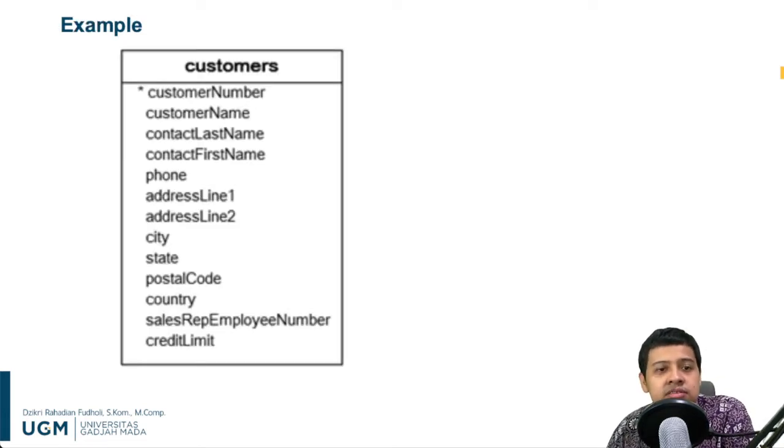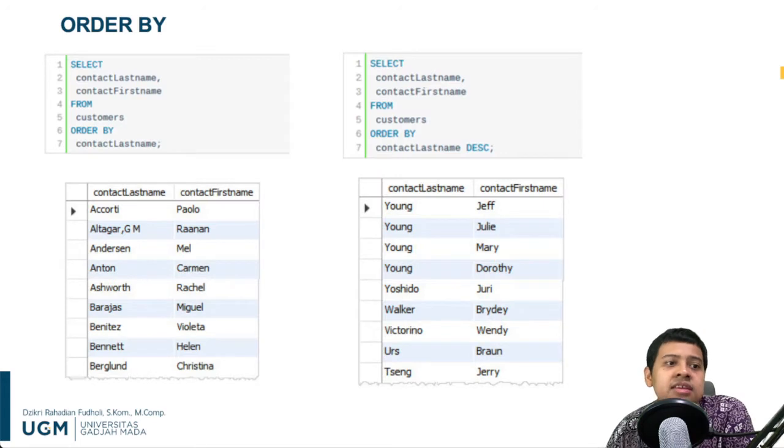These are the examples. If we have tables like this, then we select the contact last name and contact first name from table customer and order by last name. So the left one over here is the last name. We want to order by last name without stating ascending or descending, without writing ASC or DESC. The default is ascending.